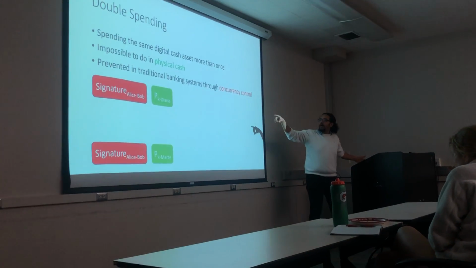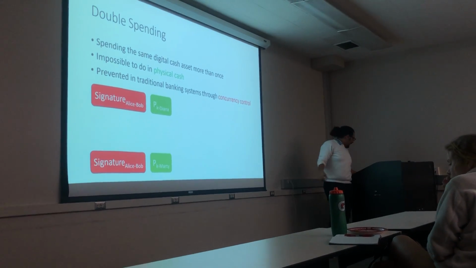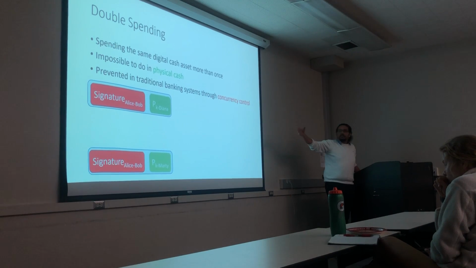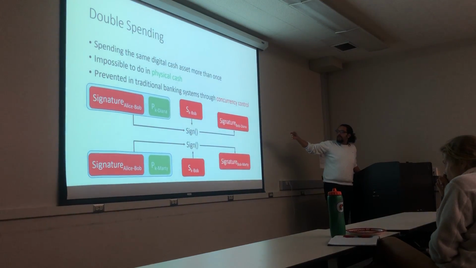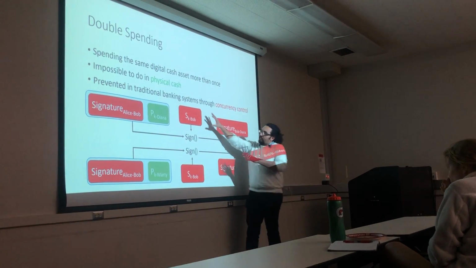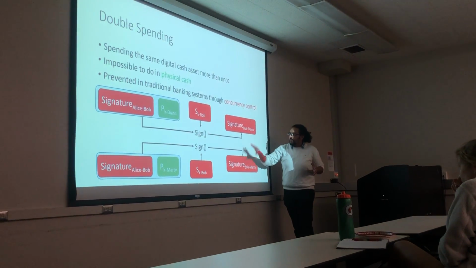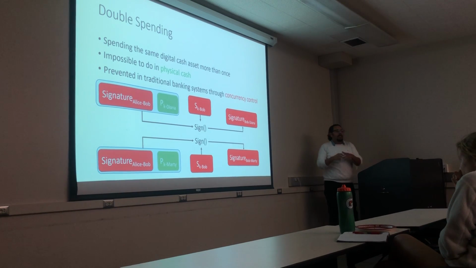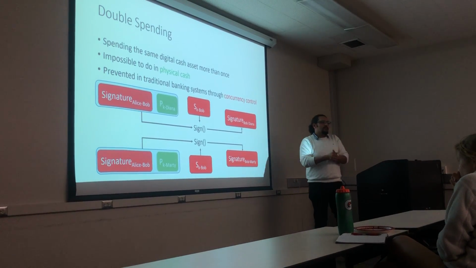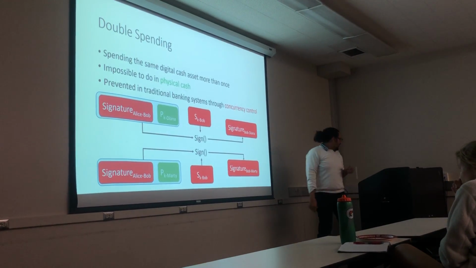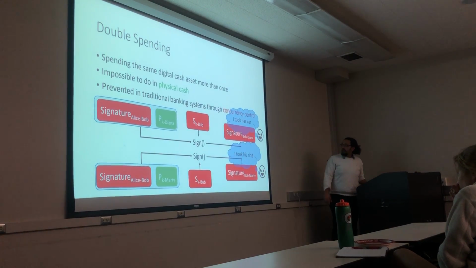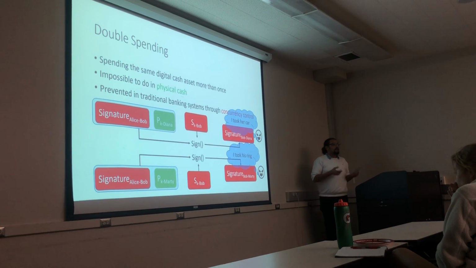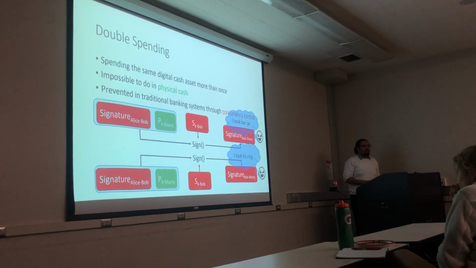If I am Bob, I can sign my coin to Diane, and I can sign it to Marty, and try to convince both of them that this is a valid signature, and this is also another valid signature. I sign it once and give it to Diane, and I take her card. And I sign it another time, and I give it to Marty, and I take his ring. That's silly. That has to be prevented.